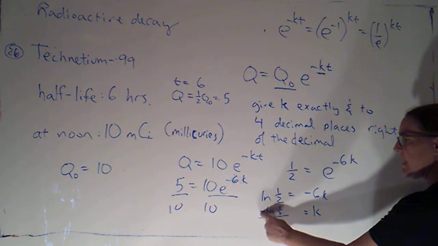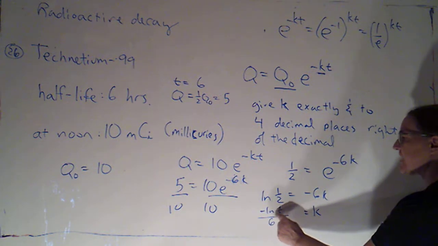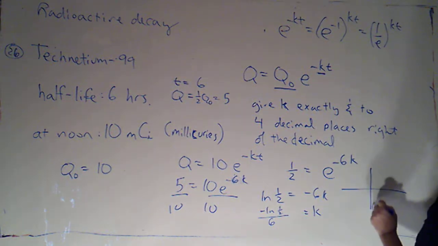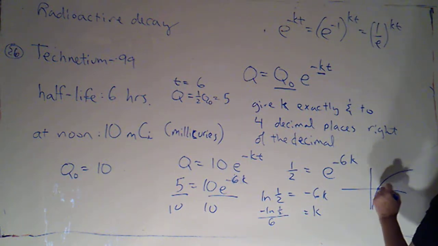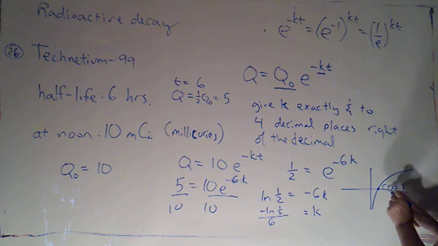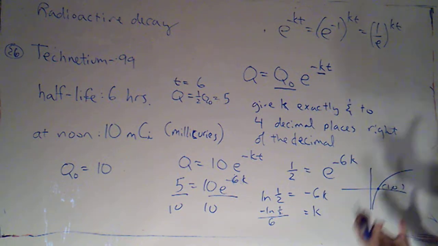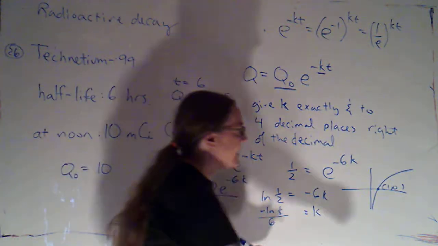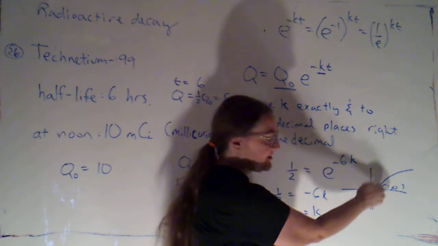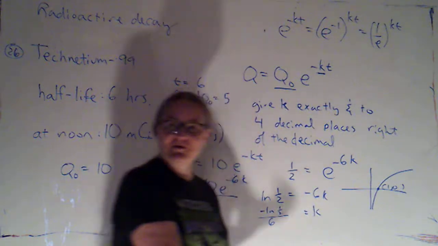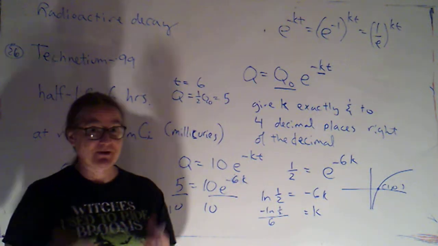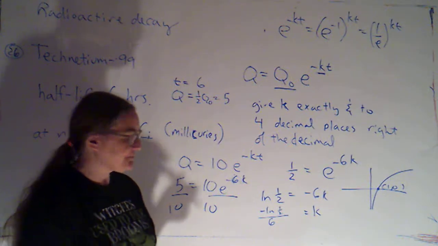The top is the opposite of the natural log of 1/2. But if I think about my natural log function, I know it has an x-intercept at (1, 0), because all log functions, at least prior to any transformation, do. So 1/2 would be to the left of 0, but that's where my y values are negative. So the natural log of 1/2, or anything between 0 and 1, is going to be negative.